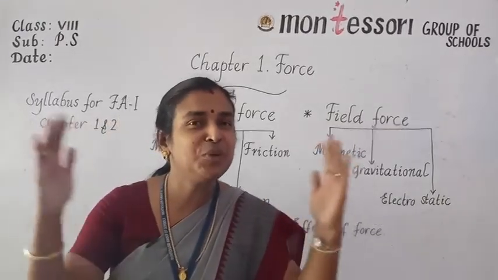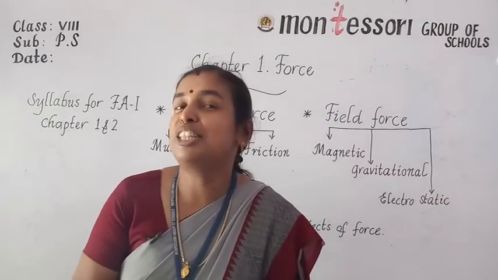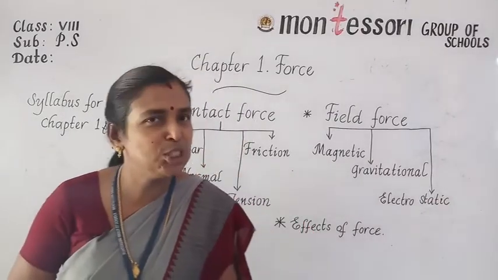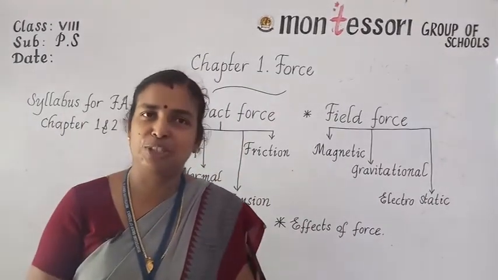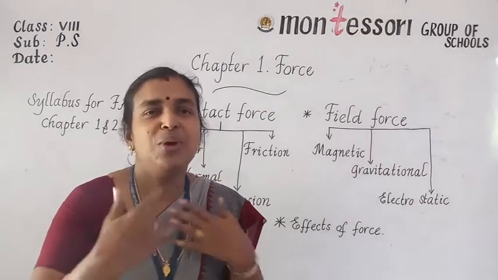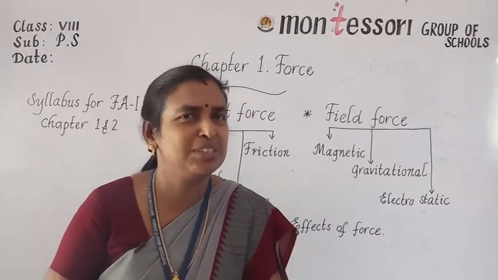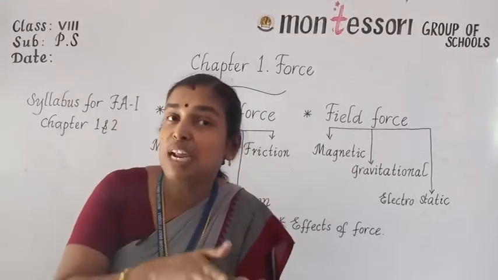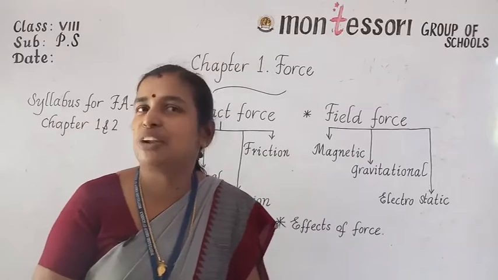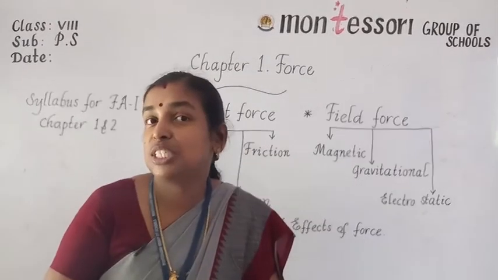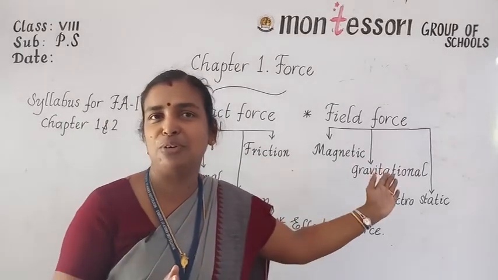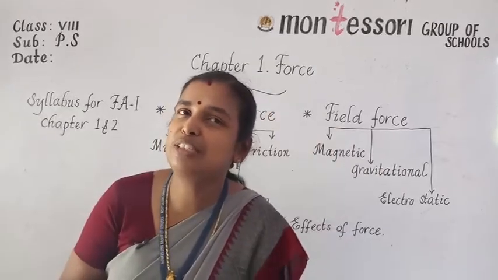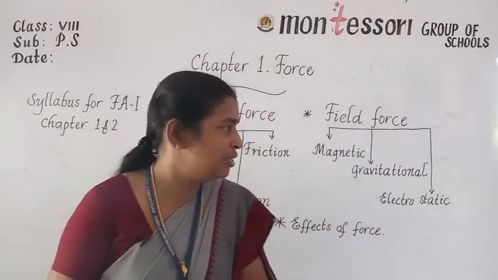Every object in the universe attracts other objects with a force. That force is known as gravitational force. So between you and me, there will be some attractive force, isn't it? In the case of gravitational force, there is no physical contact. So gravitational force is a good example of field force or force at a distance or non-contact force.